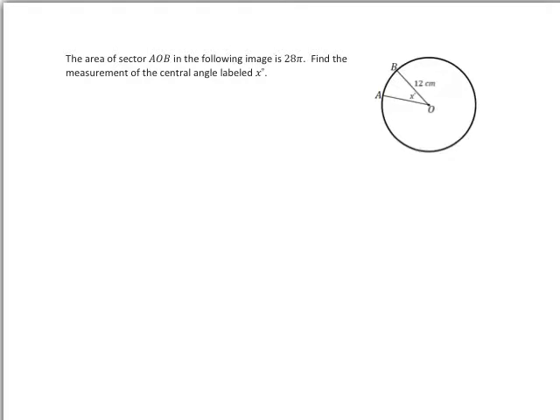So this is one of those problems where you work backwards. We know the area of a sector is going to be the angle divided by 360 times pi times the radius squared. And now we just substitute in what we know.